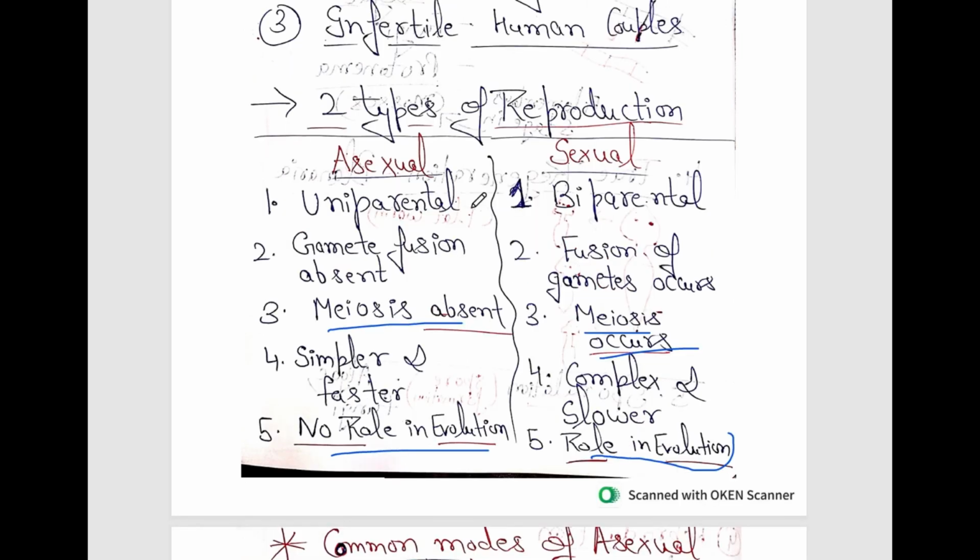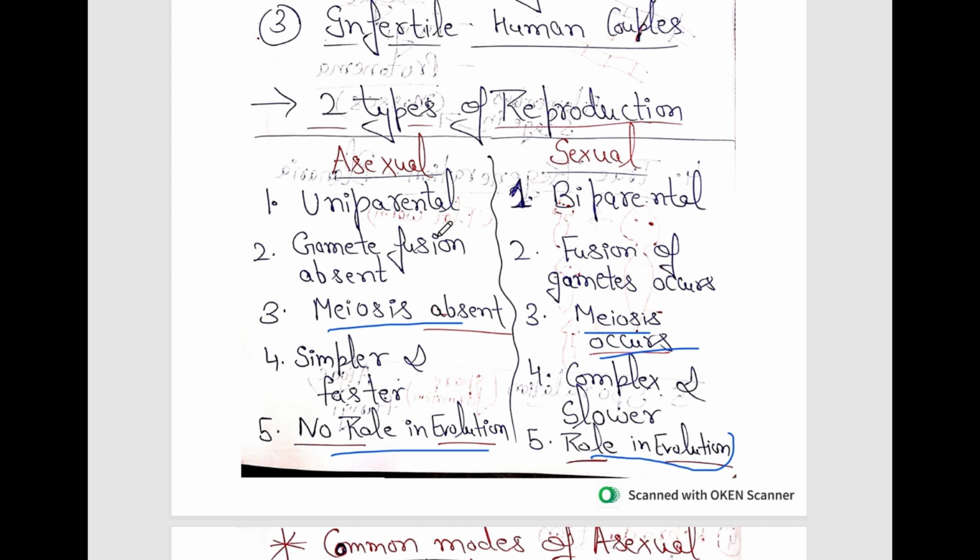Then there are two types of reproduction: asexual and sexual reproduction. You must know that asexual reproduction is uniparental, whereas sexual reproduction is generally biparental.